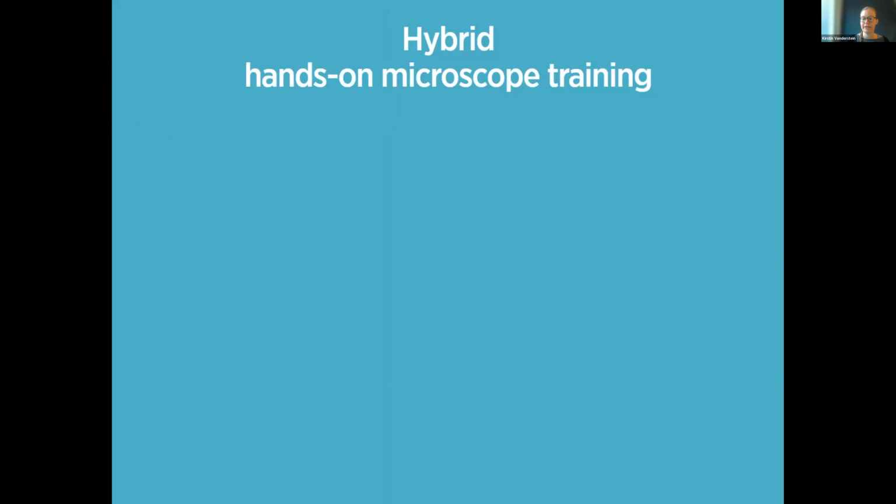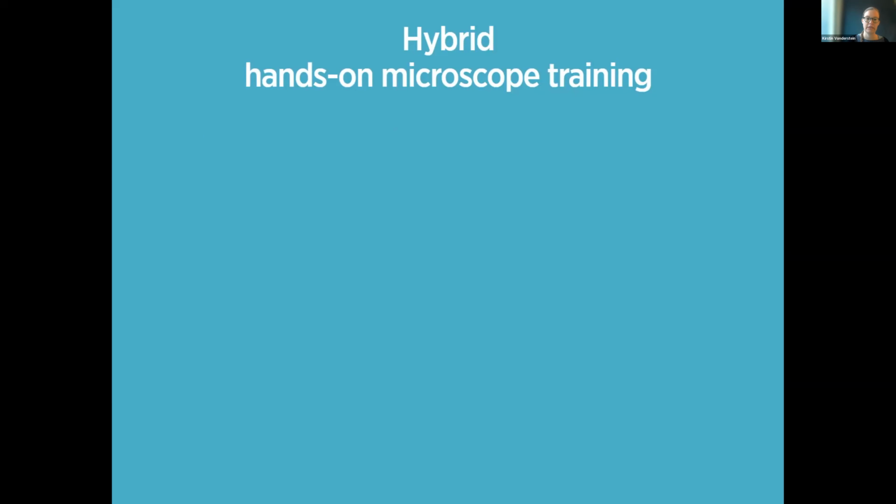Then, as you already heard today, hands-on microscope training is a very crucial thing for a core facility. That's our daily business. And we were very lucky in Finland that after a short time, we were allowed to be back in person with the people in the room, though not for extended times, but for short periods.